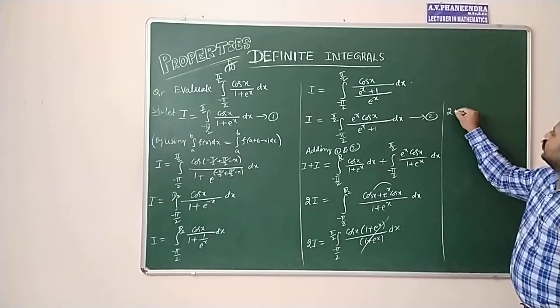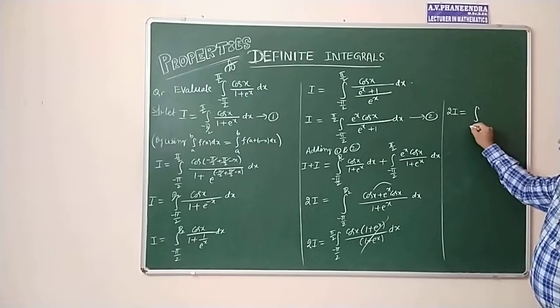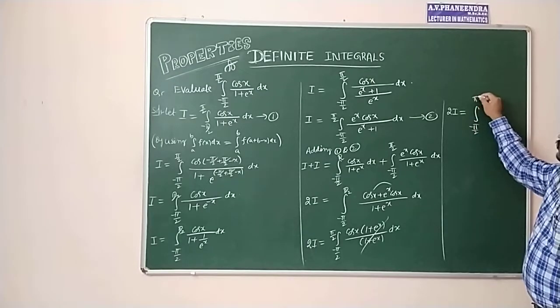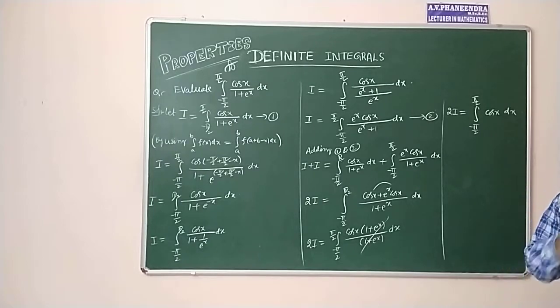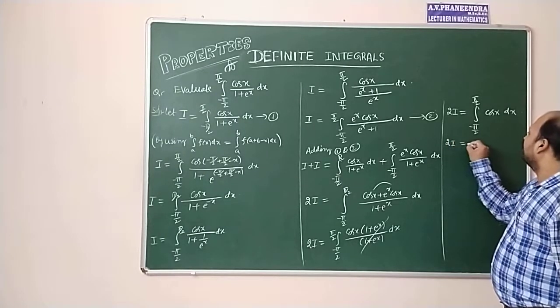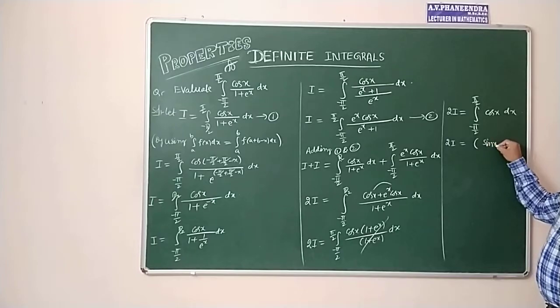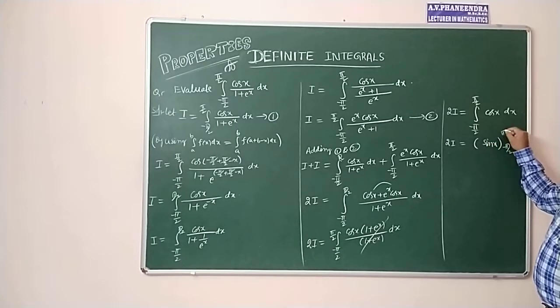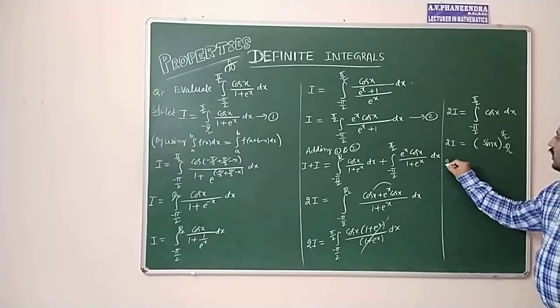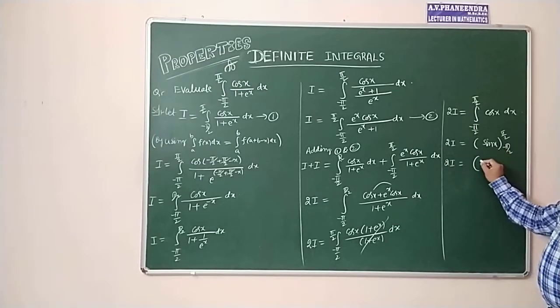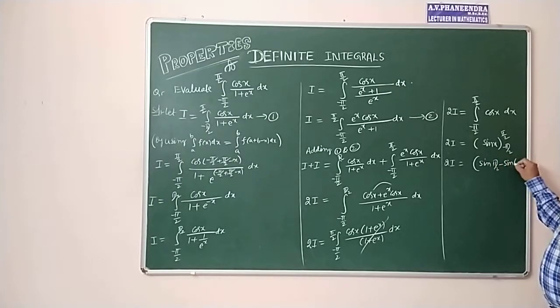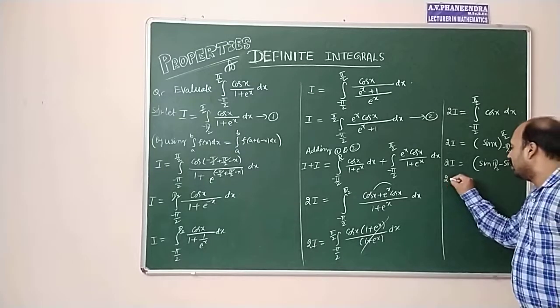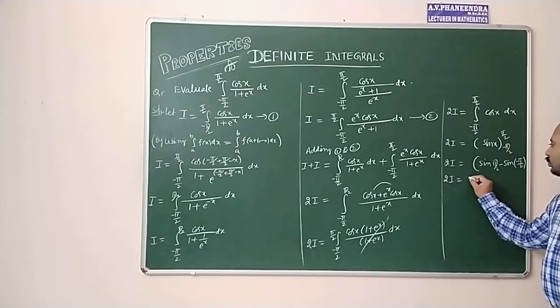So 2I equal to integral minus pi by 2 to pi by 2 cos x. What is integral cos x? Sin x. So 2I equal to sin x, applying the limits minus pi by 2 to pi by 2. 2I equal to sin pi by 2 minus sine of minus pi by 2, wherever x is there, put minus pi by 2 in its place.